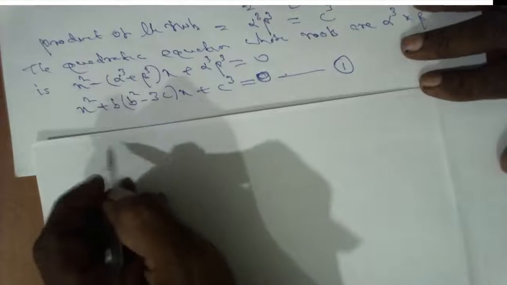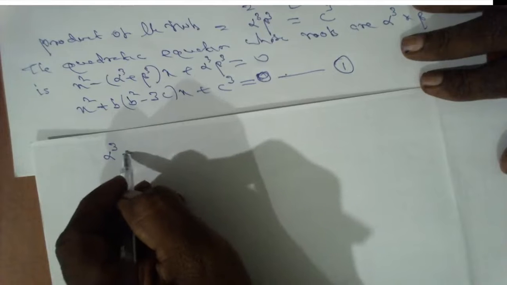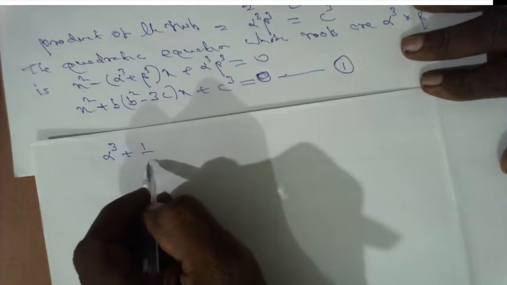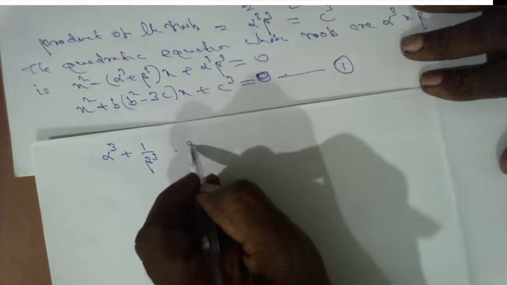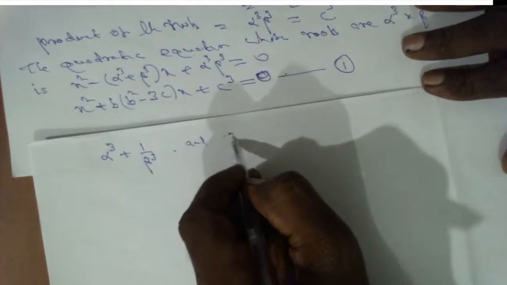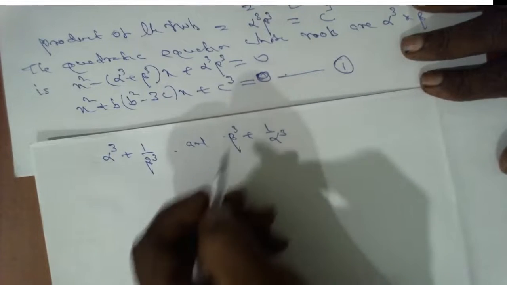The next part is you have to hence find the quadratic equation whose roots are alpha cube plus 1 over beta cube and beta cube plus 1 over alpha cube.